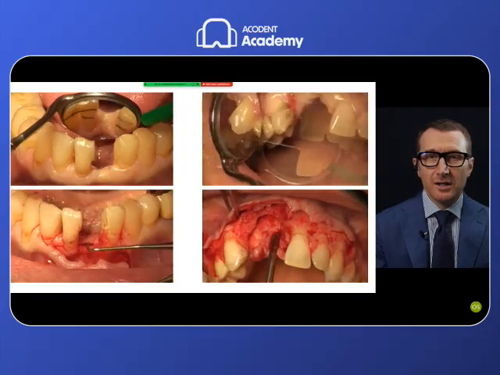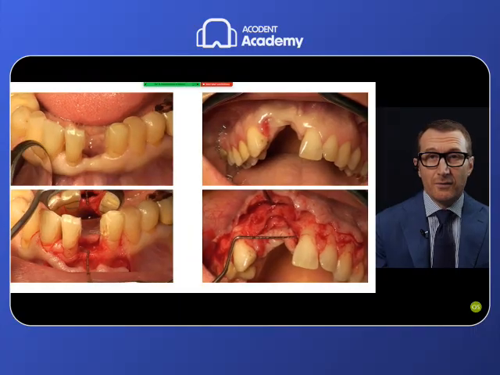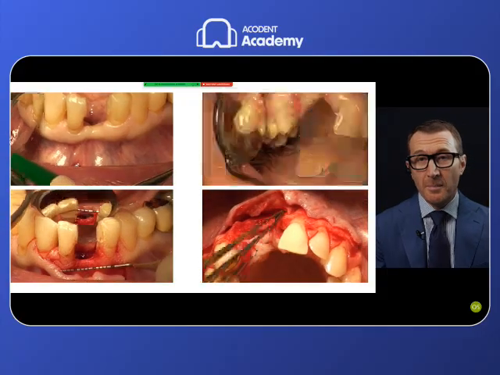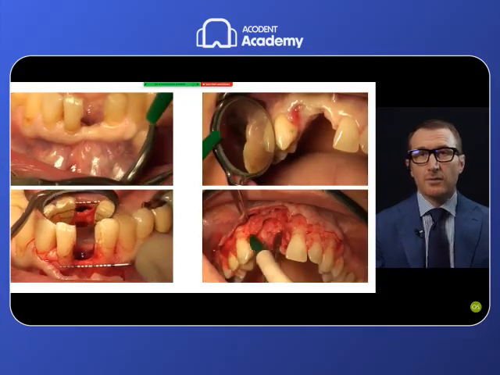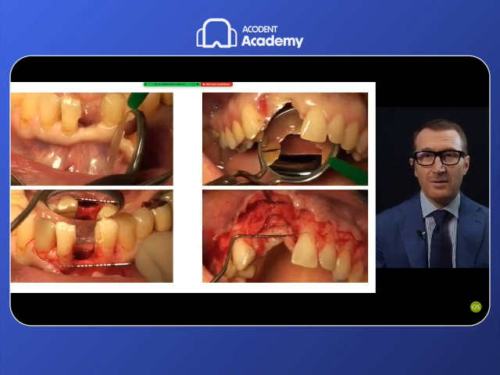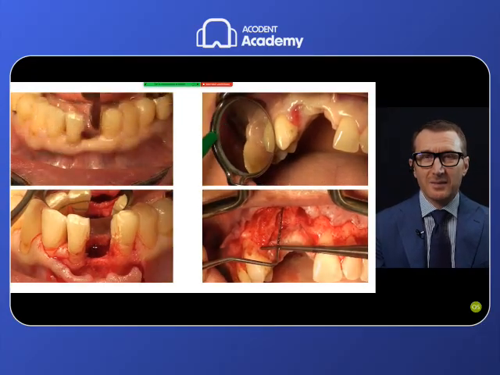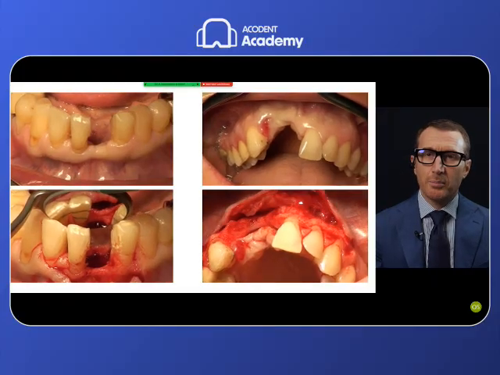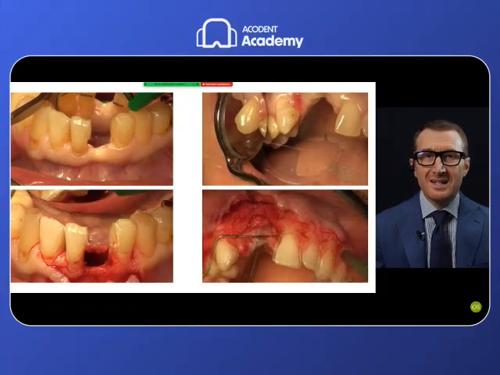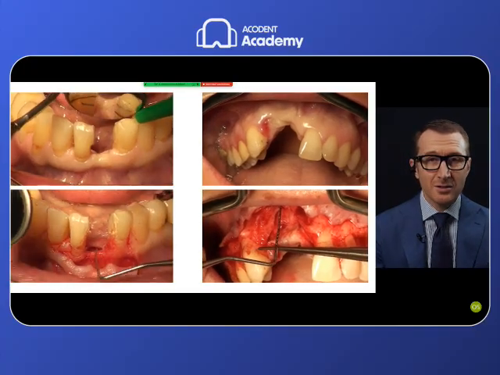And the literature is telling us that we have really different flap designs, different graft materials, different techniques, from membrane, from titanium mesh, from blocks, from Khoury's shell technique, and everything seems to work looking at the literature. And it seems from such a point of view that these techniques are following different biological principles or different biology, but it's not.